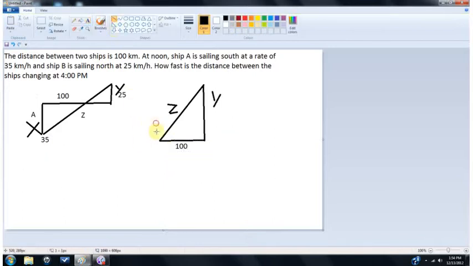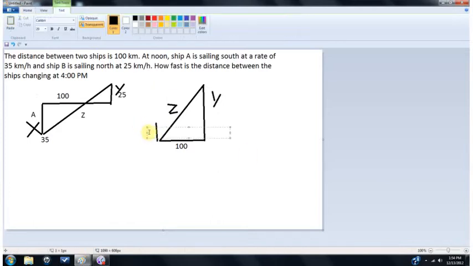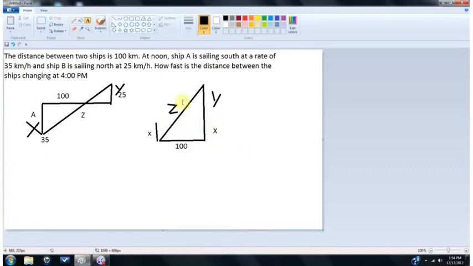And our x is here, but we'll simply move that over to the side of y. So they're basically being combined.